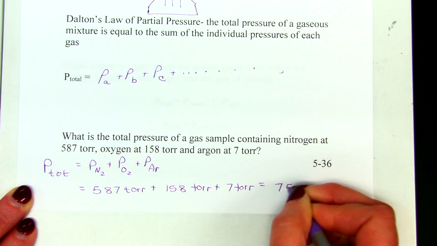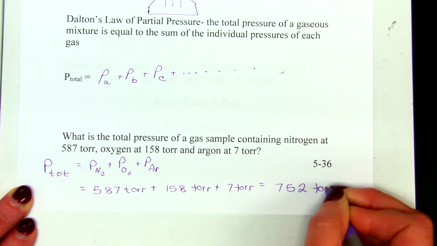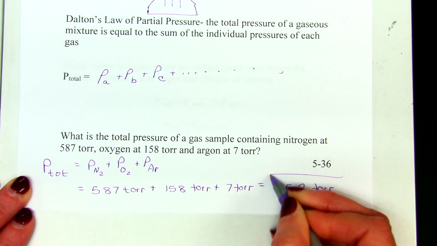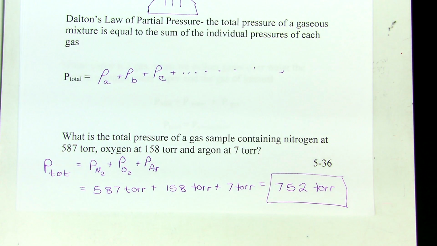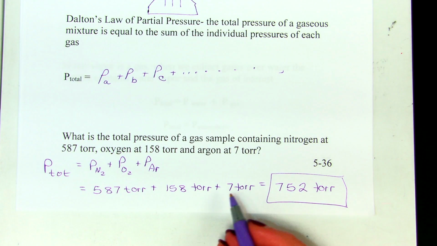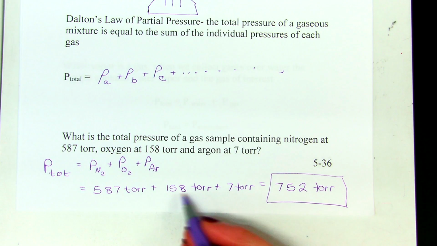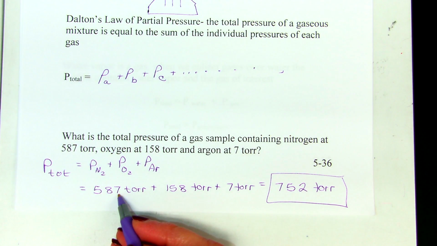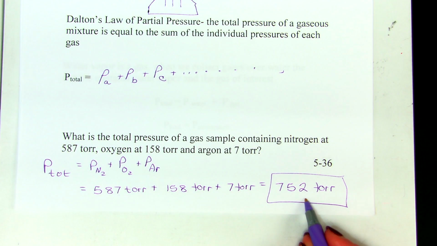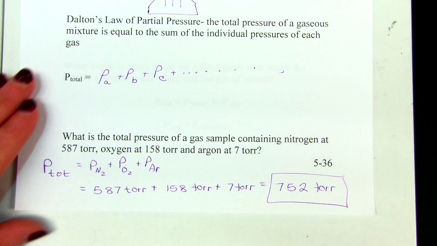We get 752 torr. Now, we can correctly report three significant figures here because we are adding these numbers, and because we're adding, we look at the place, not the number of digits. And this one stops in the ones place, as do all of these numbers, so we stop in the ones place with our answer. Okay, go ahead and do the one on the top of the next page at your seats.